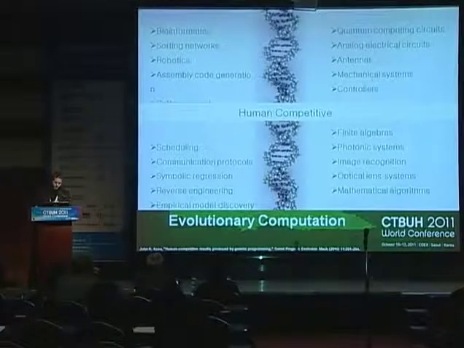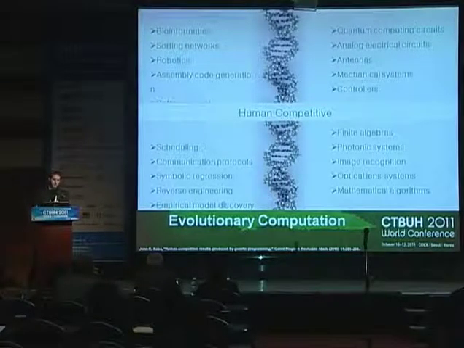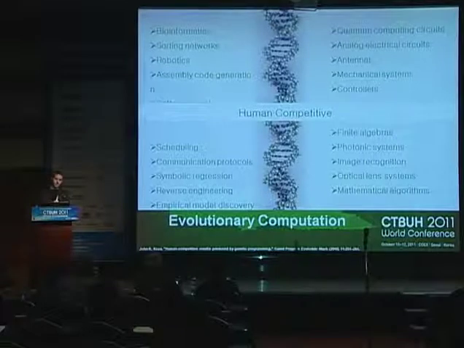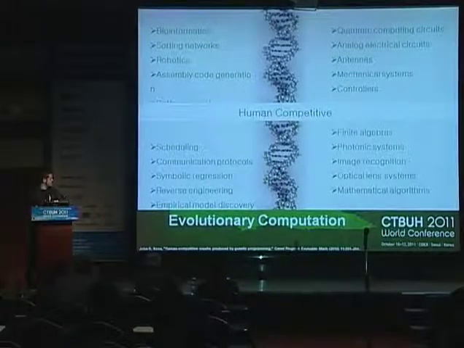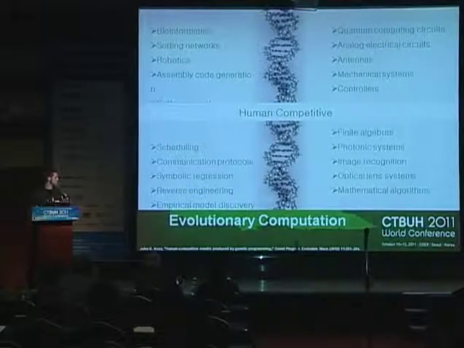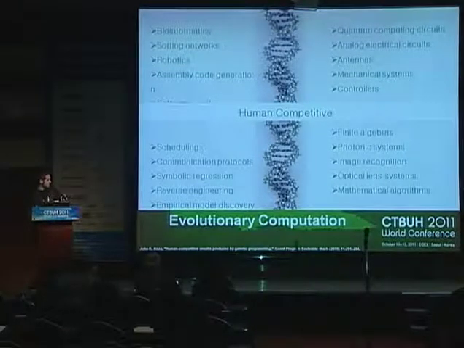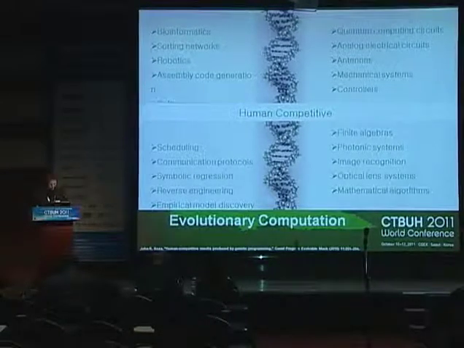John Koza documents the results, which he defines as human competitive, in dozens of fields, meaning that he has used evolutionary computation to achieve results equal or better than what a human designer could produce in these and other fields.